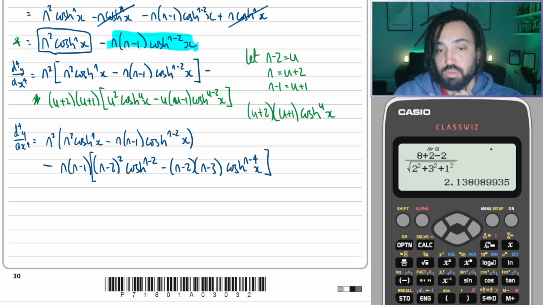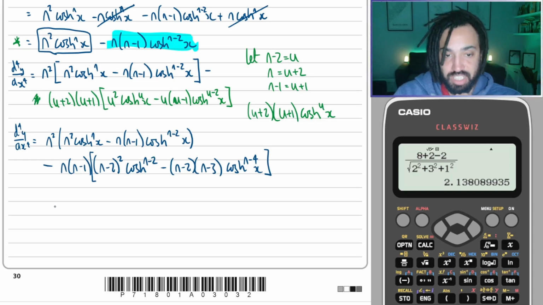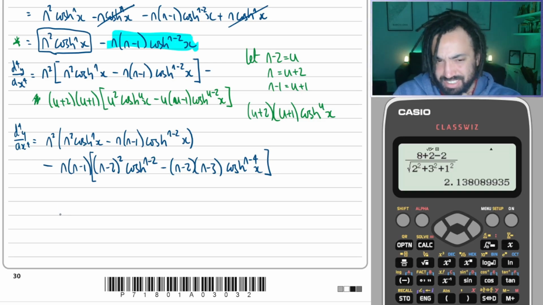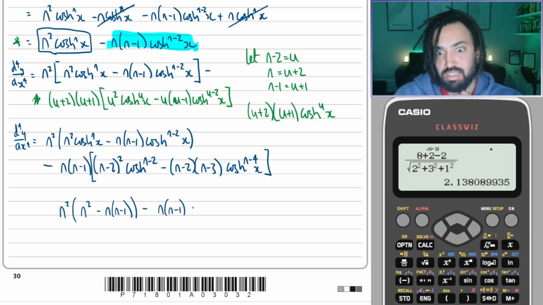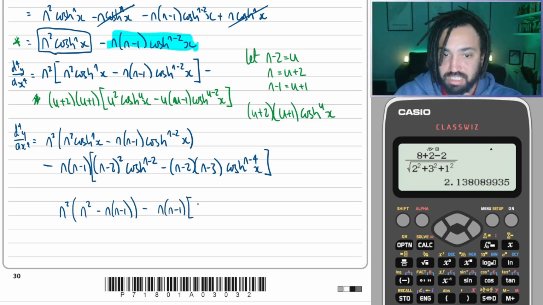Okay, so let's have a look at what this is going to give us then. Right, all the coshes are going to be 1. So we're going to have n squared, n squared minus n minus 1, close brackets, minus n minus 1, n minus 2 squared, minus n minus 2 n minus 3.